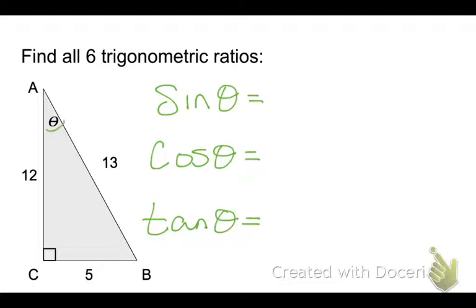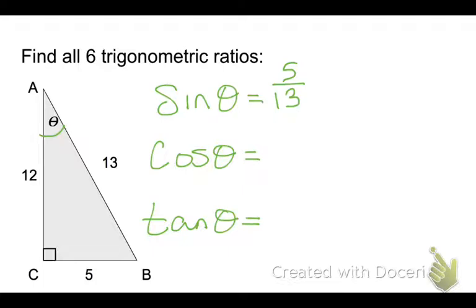My theta is up here in corner A. So sine represents the opposite over hypotenuse. So the opposite of A is side length 5, and the hypotenuse is 13. So sine theta equals 5 over 13.